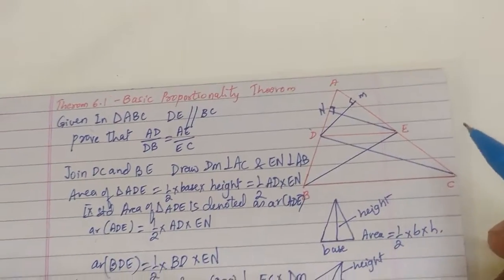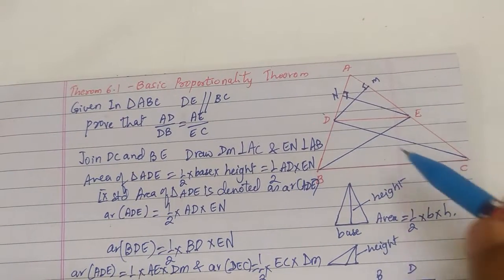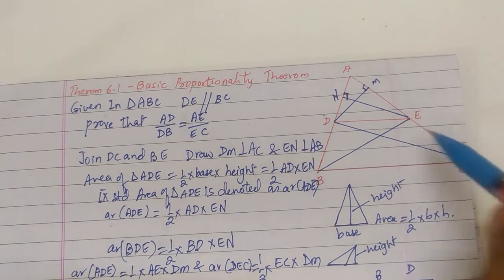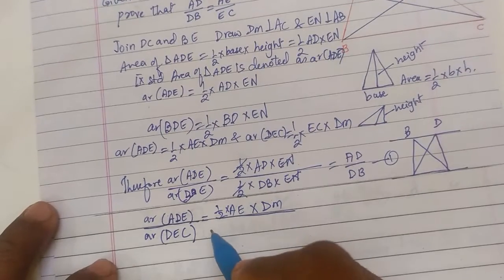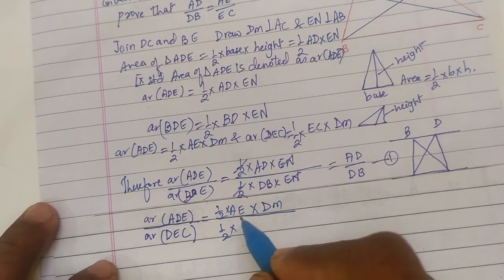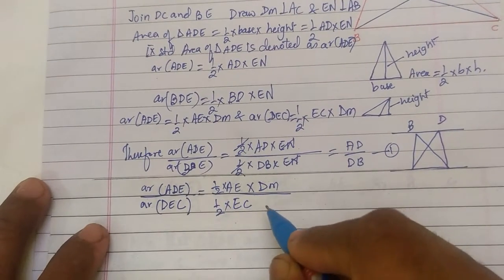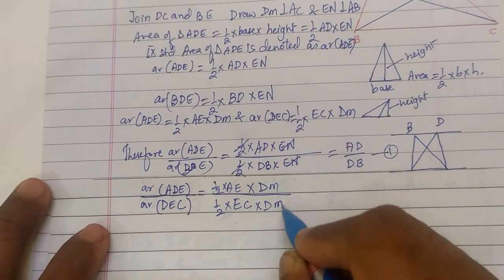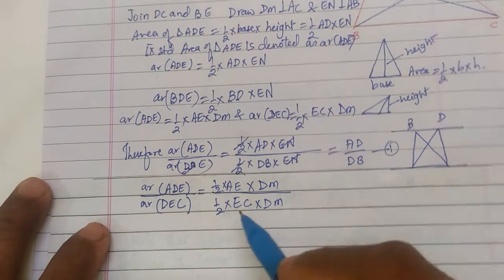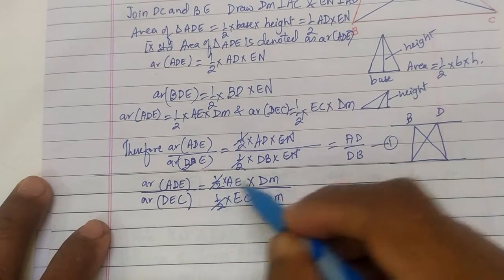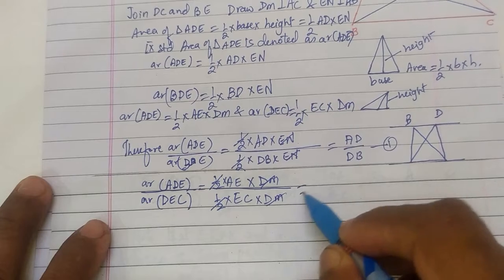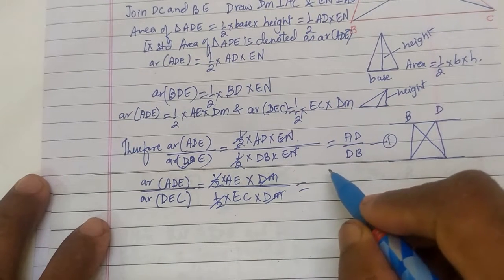And in DEC, the base is EC and height is DM, so half into EC into DM. Now we will cancel this half and DM, and ultimately what is remaining?